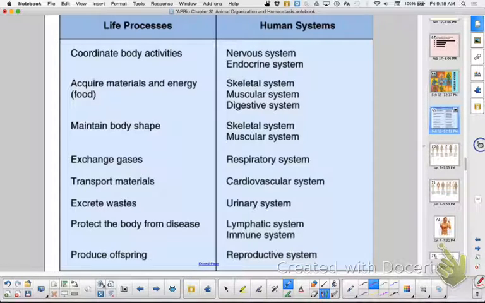If you go down to organ systems number 4, coordinate body activities. That's your nervous and your endocrine. Notice I put them in bold because those are two of your 3 mandated ones. Coordinate body activities, nervous and endocrine, and then protect body from disease is what system? Immune. And I kind of gave you an overview of the other ones.